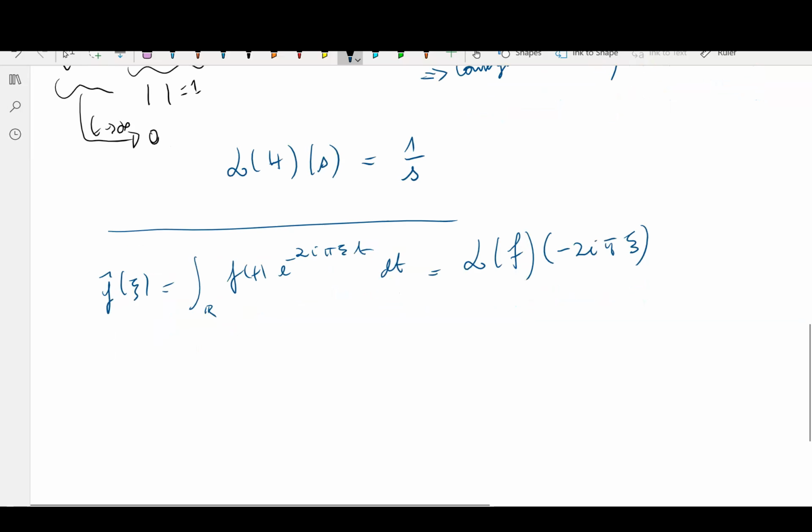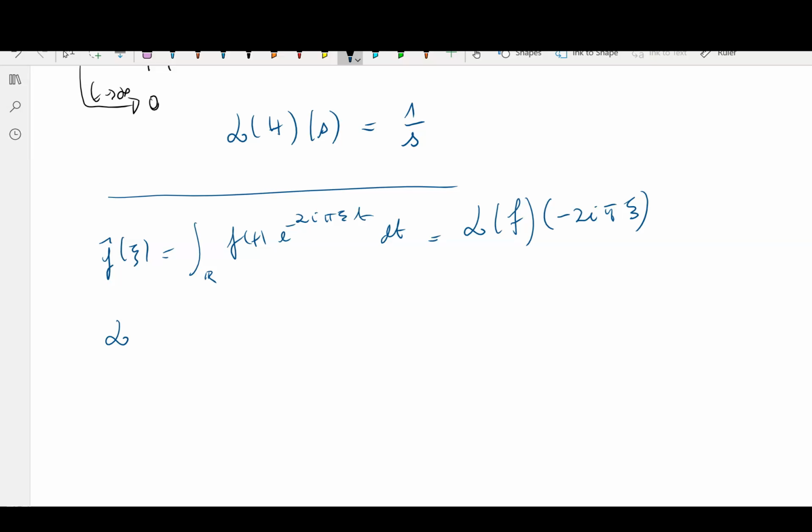Indeed, when we do the Laplace transform of f of t applied to s, it's given as the integral from 0 to plus infinity of f of t e minus at e minus i bt dt. So you can also see that, conversely, as the Fourier transform of the function.